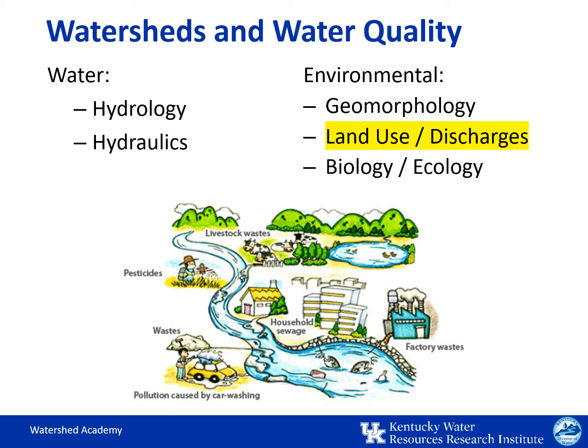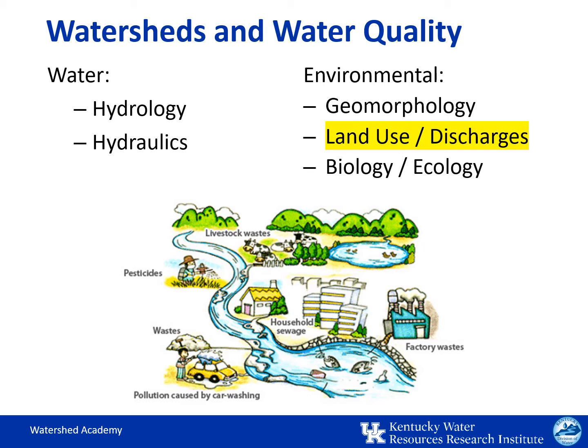It also is affected by environmental influences, which relate to the physical setting through which the water flows. This is affected by the geomorphology of the area, or the physical features of the Earth's geology, the land uses of the area, and the vegetation and organisms that are in a watershed and its water bodies.